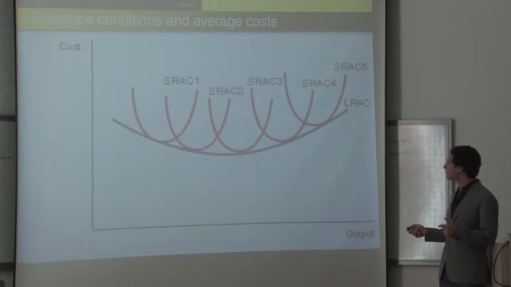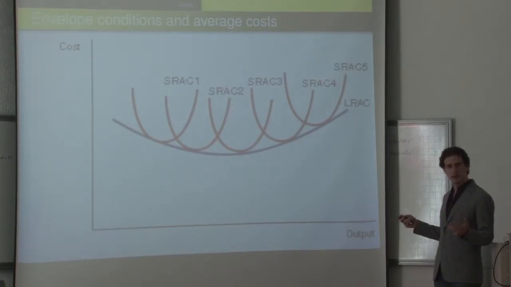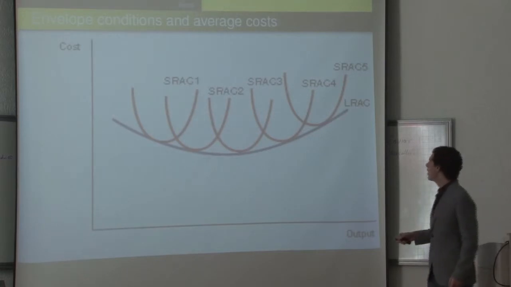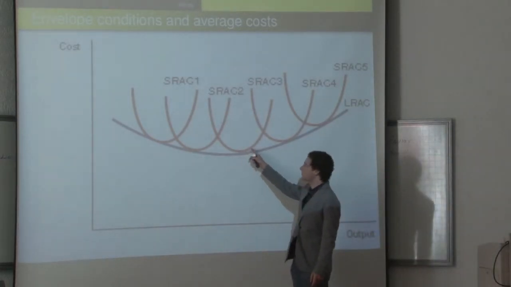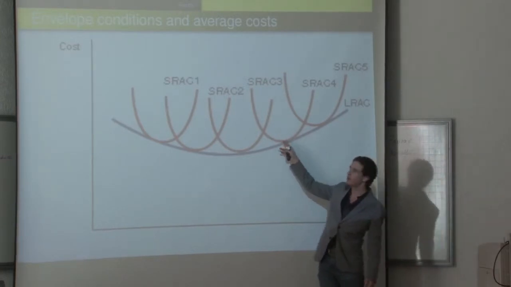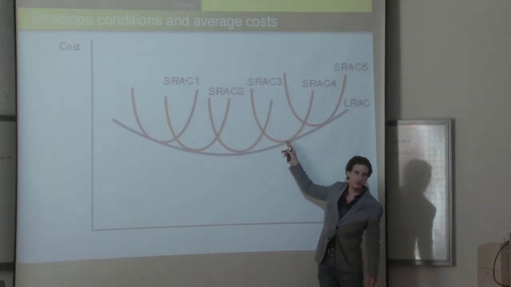But if you start moving beyond it, this short run curve will now be more expensive and the long run will be cheaper. So the long run curve is really just the envelope of all of these short run curves at the point at which you would choose the fixed factors to be what would be optimal for this particular short run situation.